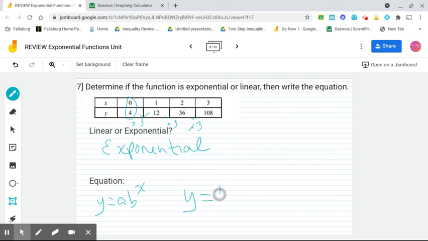So it's y equals 4 times b. And b is our multiplying factor. Well, we are multiplying by 3 each time. And then this x is always going to stay x. So I have y equals 4 times 3 to the power of x. That's my equation. Okay, and again, I always use this standard form of the exponential function.